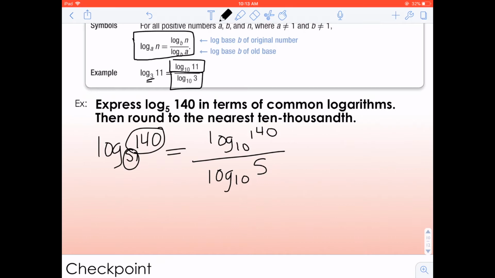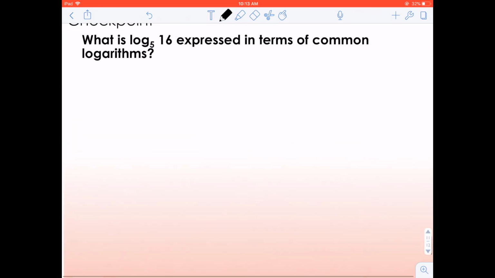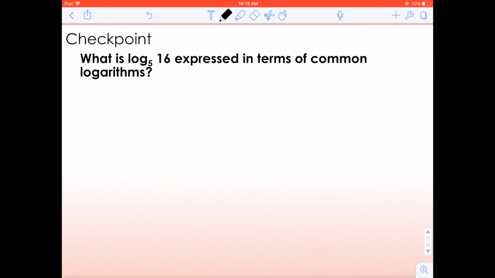So now I just divide log of 140 divided by log of 5. That's going to give me about 3.07. It's as simple as that. We just have to remember these little tricks here. Okay, so we're on to our last checkpoint. Go ahead and try that on your own, and then come back and see if you got it correct.